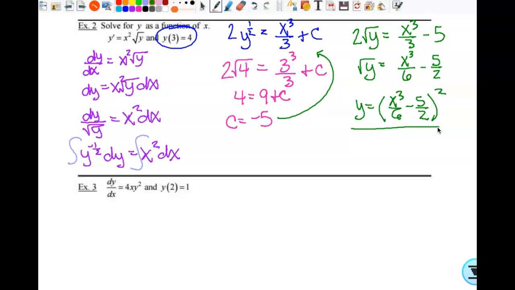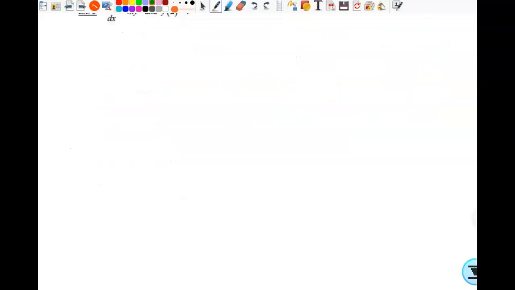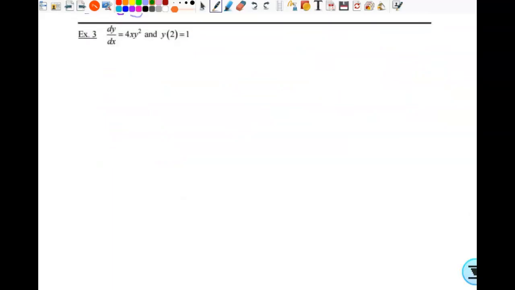So we're going to solve this one with this initial condition. So what's the first thing we do? Separate. So go ahead and separate. I'll give you a second to separate, and then I'll write it down because I don't want you just copying mine.